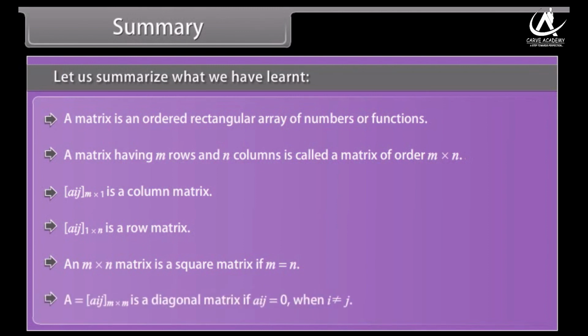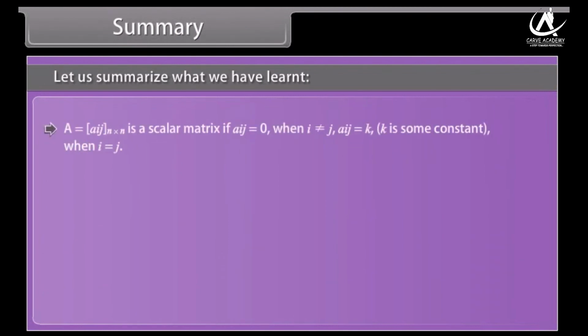A is equal to a_ij m by m is a diagonal matrix if a_ij is equal to 0 when i is not equal to j. A is equal to a_ij n by n is a scalar matrix if a_ij is equal to 0 when i is not equal to j, a_ij is equal to k, where k is some constant, when i is equal to j.